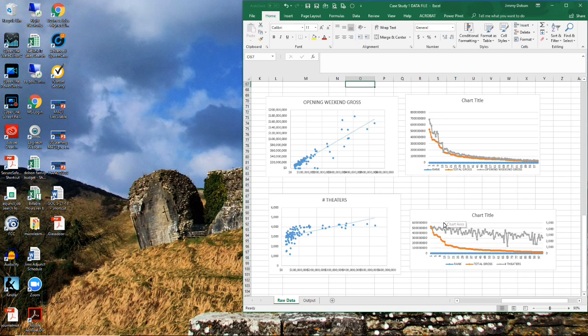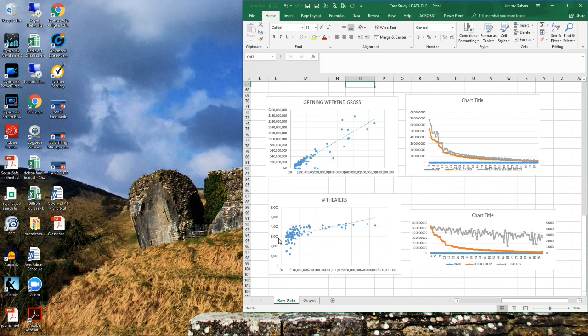Again, if you do a line chart, similar to what I just showed you, you can see that this is the number of theaters for each of the movies, and this is the total gross. No relationship. This thing is going up and down like a stock market ticker, and this thing is just sinking like a rock. Okay, no relationship there.